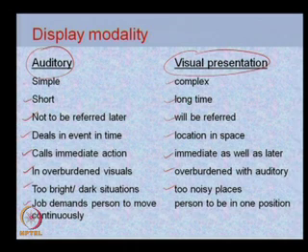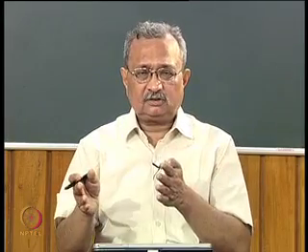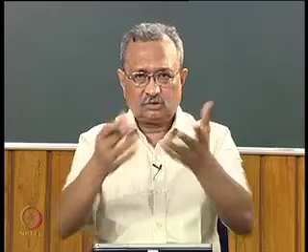If the job demands the person to move continuously, normally the visual presentations are in a static format in a specific place, but when a person is constantly moving, it is very difficult to concentrate on that. In that case, the auditory signal will be better, like in a bus stand, a bus station, where buses are always moving.